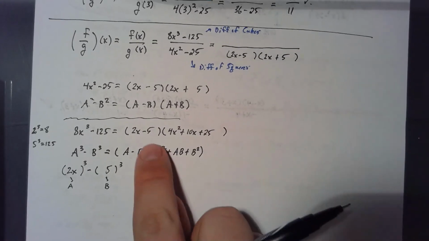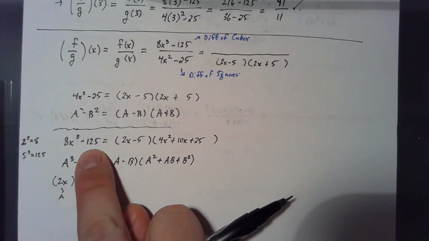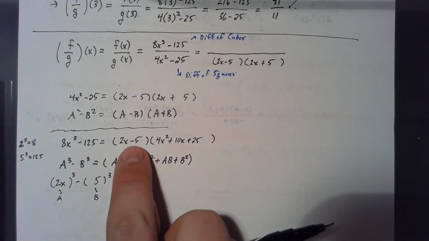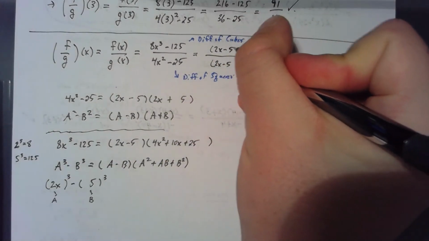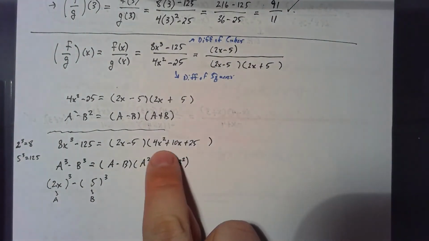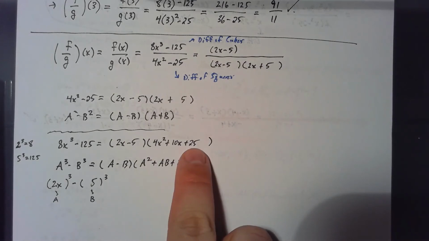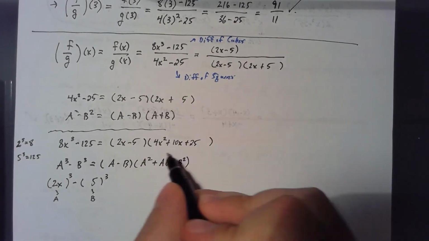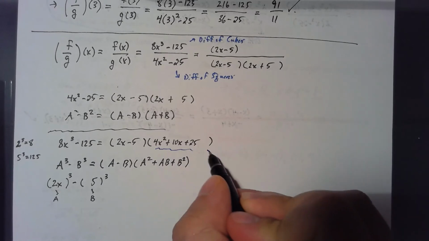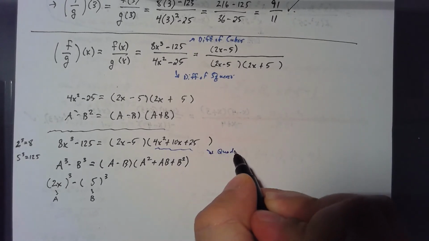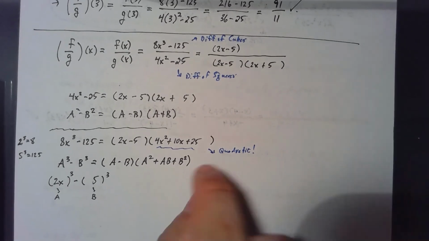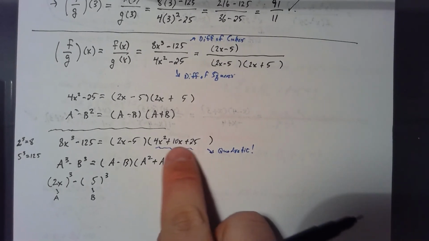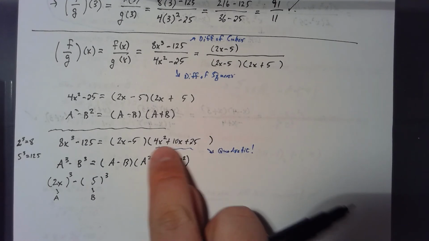So what we have here is this difference of cubes factors to be these two factors. Now this one is 2x minus 5. And this is a quadratic, 4x squared plus 10x plus 25. I'll just say this to save time, but you would check to see if you could factor this with the AC method, right? So look at all the possibilities.